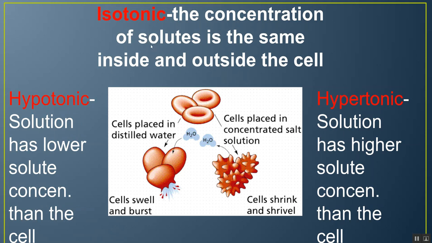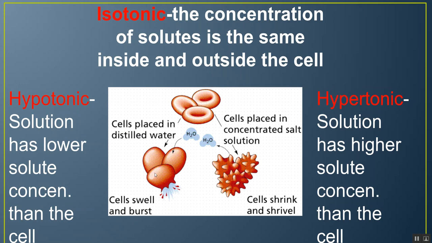We see this in the body with our blood cells. So again, our red blood cells are in blood. Blood is an isotonic solution. The concentration of the solutes in the blood is the same inside the cell as outside the cell. If we took red blood cells and put them in distilled water, there's not many particles in distilled water. There shouldn't be any particles at all.